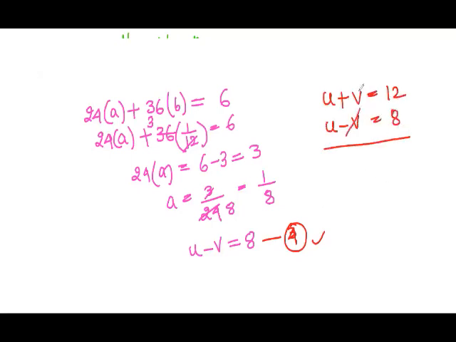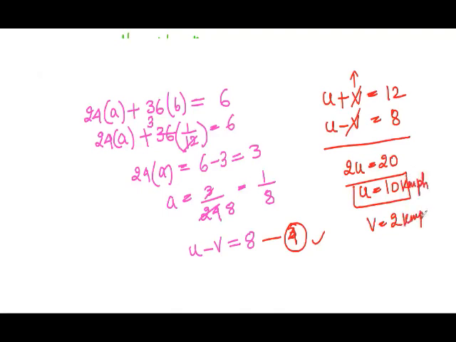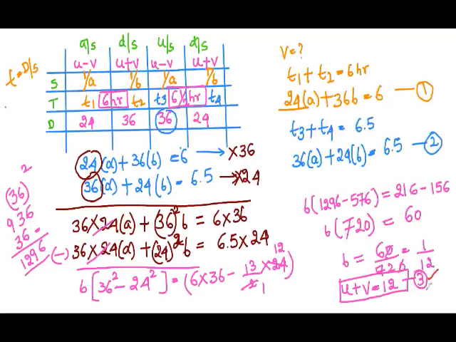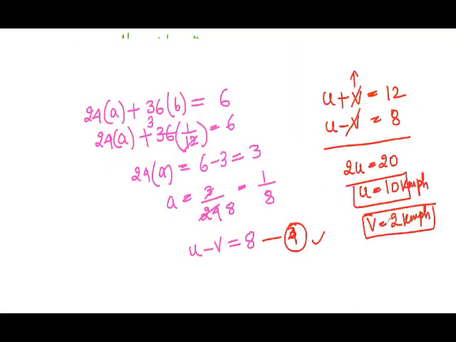If you add, you get 2U is equal to 20, then U is equal to 10. If U is 10, then V is equal to 2. So the answer is 2 kilometer per hour.